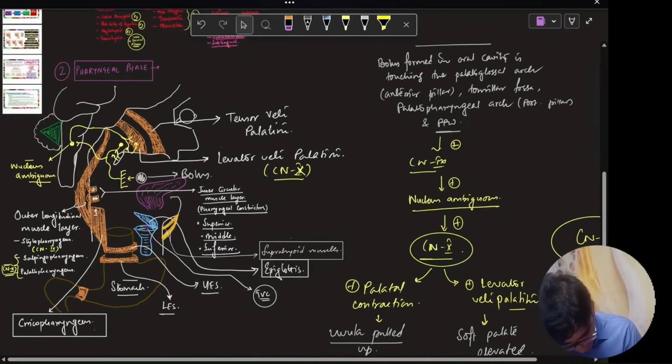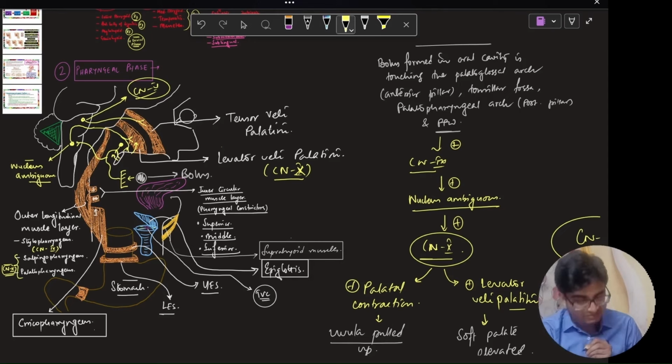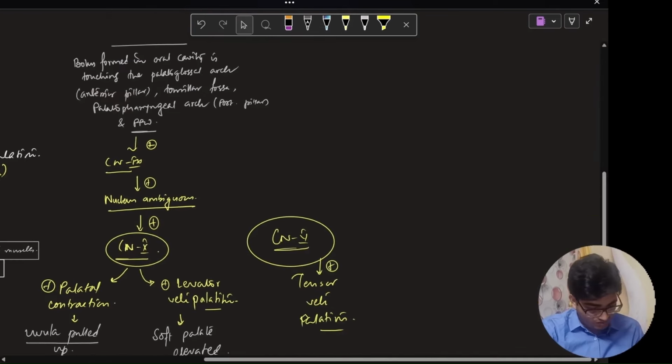So here is also another nucleus, and that is nothing but your cranial nerve 5. This trigeminal nerve supplies the tensor veli palatini muscle, which causes tensing of the soft palate, to help in pulling up the soft palate, which is being done by the 10th cranial nerve.